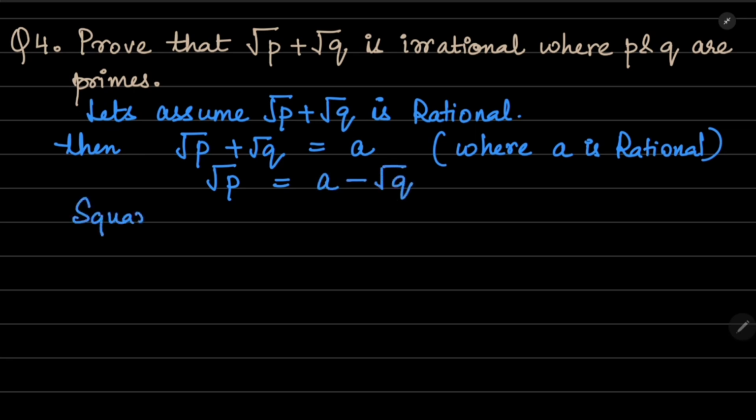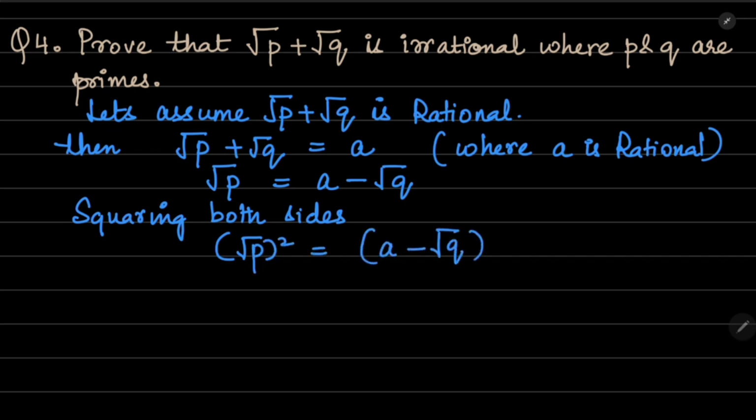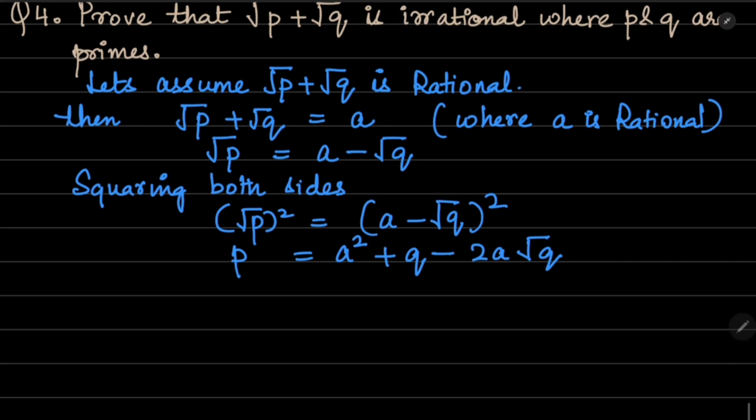And then immediately we'll square both sides. So you have root P the whole square equal to A minus root Q the whole square. So P is equal to A square plus Q minus 2A root Q. Make sure the root term is on one side.